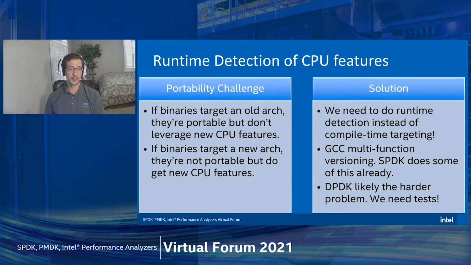So as I mentioned earlier, our build system now lets you target the oldest system that you may encounter so that you can guarantee that you run. But that precludes you from accessing or using any of the new CPU features that may be on some of the newer platforms in a particular cluster.